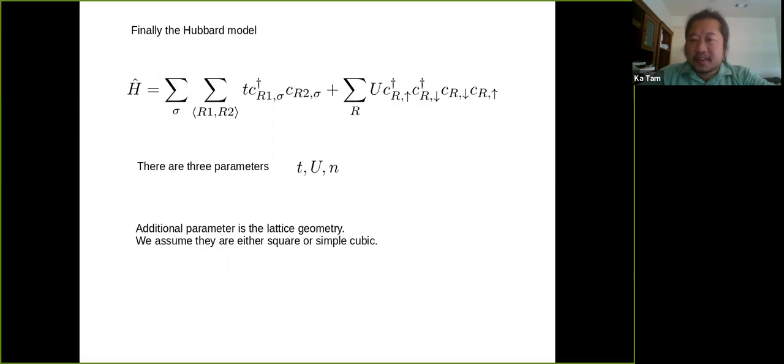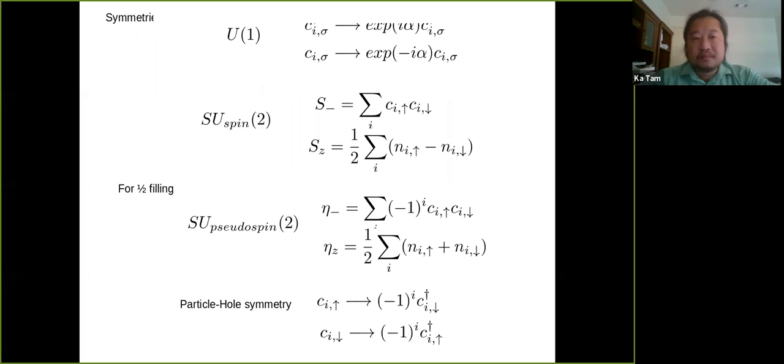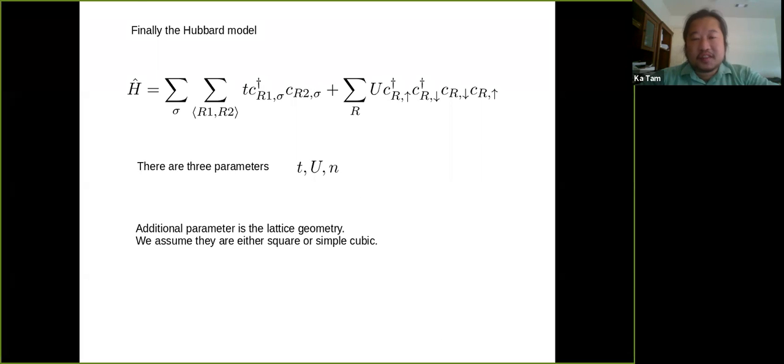The most interesting case is n close to half filling. Half filling is a special case I'm going to talk about a little more. The most interesting physics happens when n is not exactly half filling, but slightly away from it. And for the contribution of T and U, let me talk about the symmetry first.